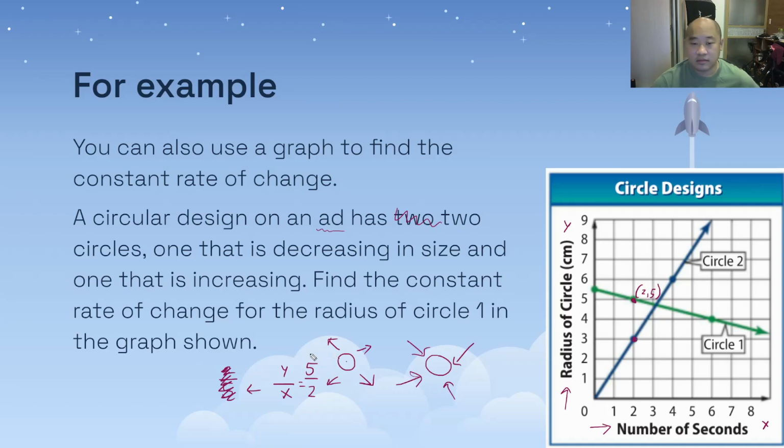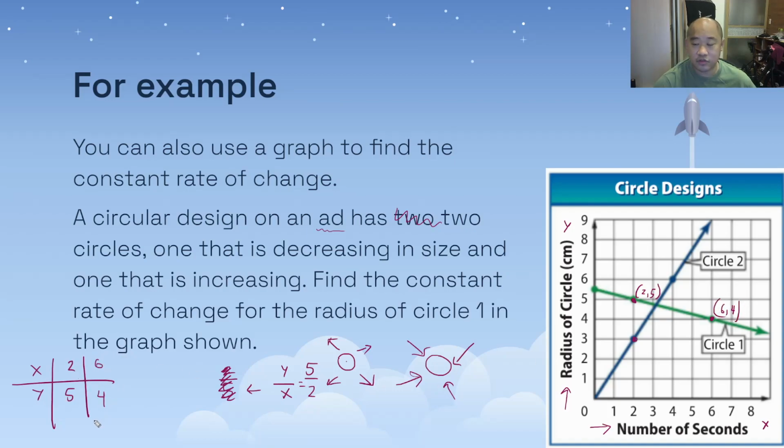And yeah, so we'll just put that over here. X, y. So x is 2, y is 5. And then we're going to look further down on the line, and here we're going to see 6 and 4. 6 and 4.